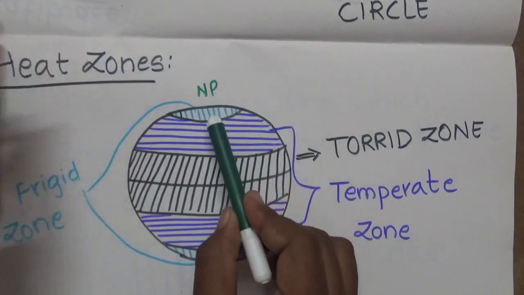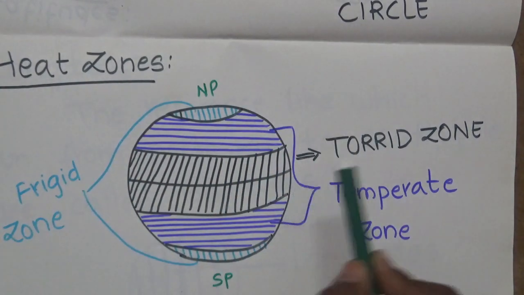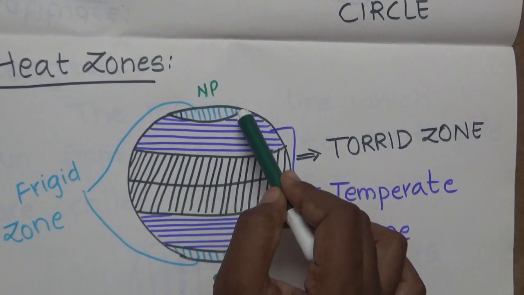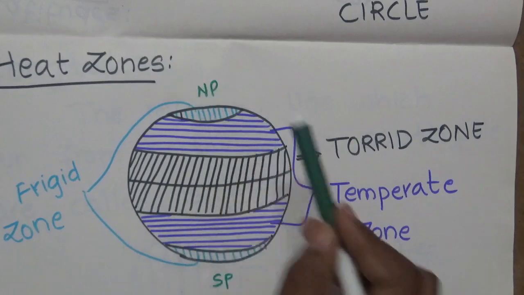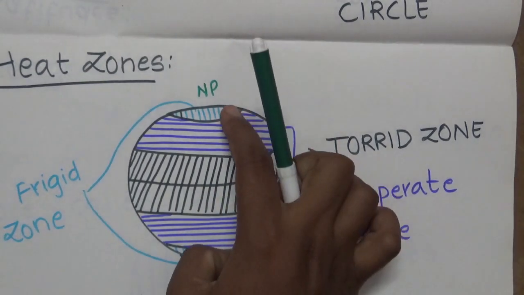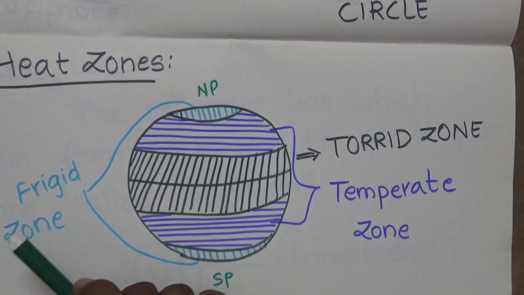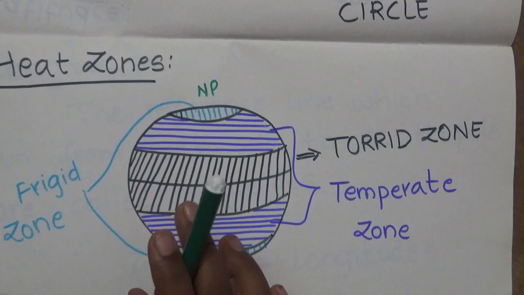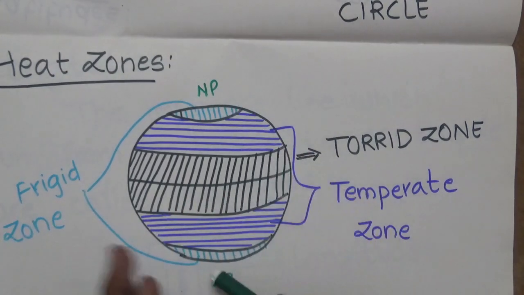And now the frigid zones: the regions between the Arctic Circle and the North Pole, and between the Antarctic Circle and the South Pole. These regions are called frigid zones. Frigid zone, as the word itself says, means it will be very cool. The North Pole and South Pole will be very cool.